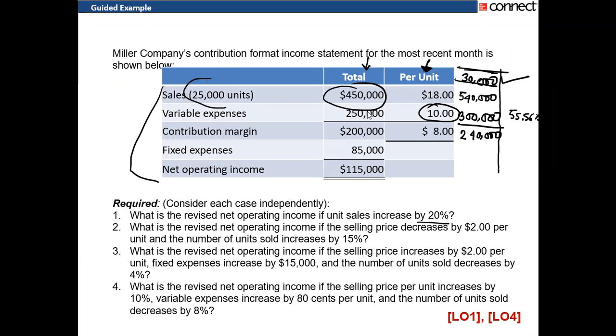There is no problem, you can use this. And you see that we have no changes in the fixed expenses. It should again be 85,000. So if we have this 85,000, what should be the revised net operating income now?